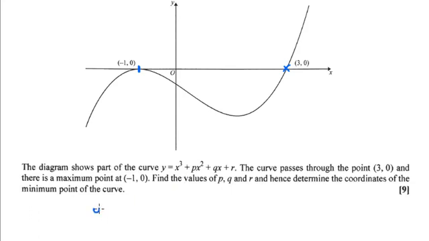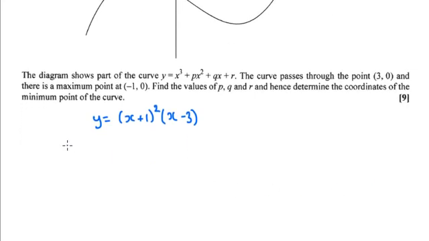We can straight away say we've got a repeated root here, so that in factorised form would be x plus 1 squared, and we've got a point of intersection here. It goes straight through the graph here, so that will be x minus 3. So if we expand those brackets, that will give us the expanded version, and therefore we can just read off P, Q and R.